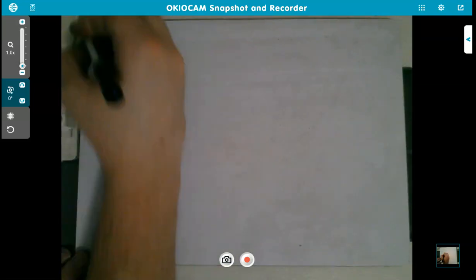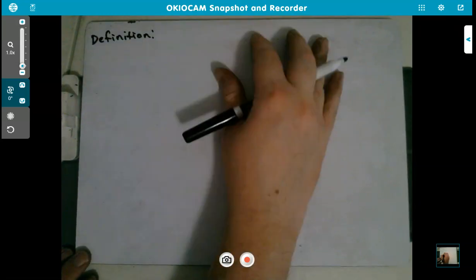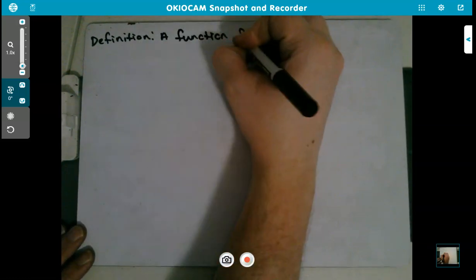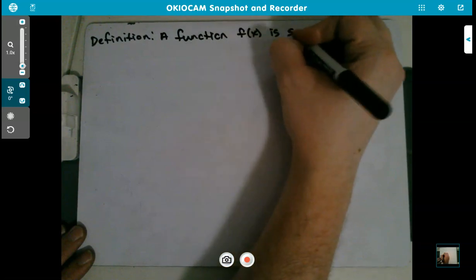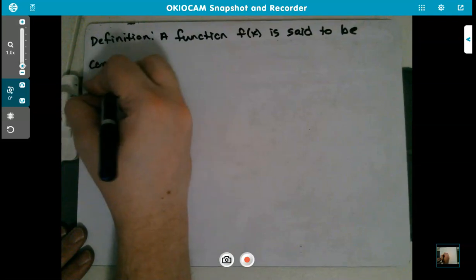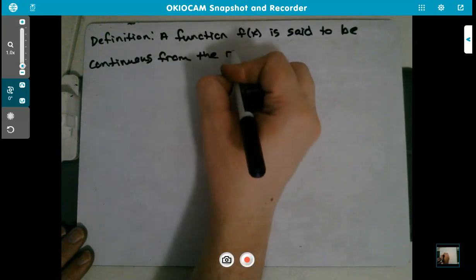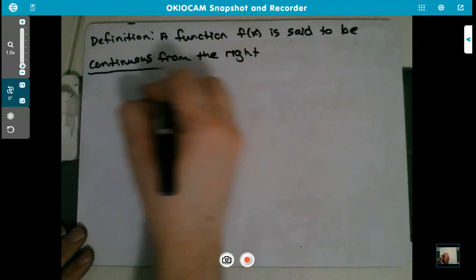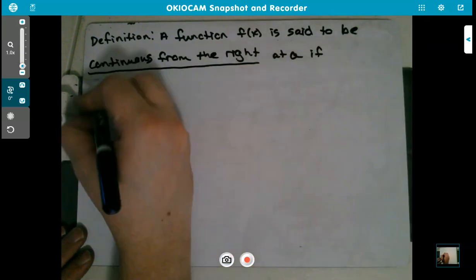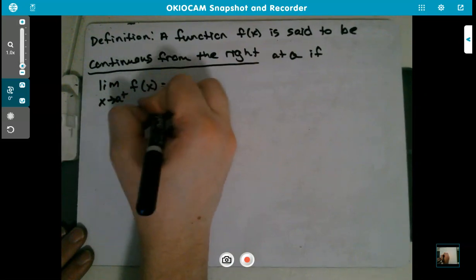Definition. A function f of x is said to be continuous from the right at a point a if the limit as x approaches a from the right of f of x is equal to f of a.